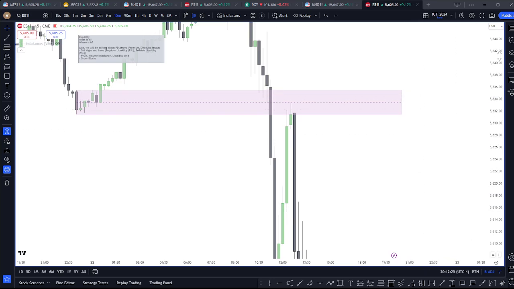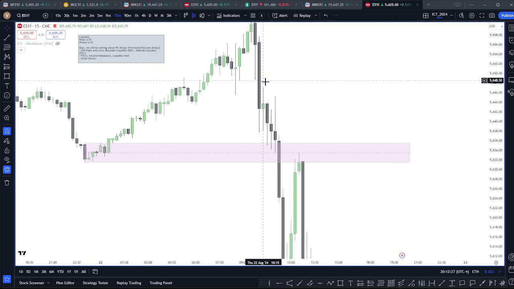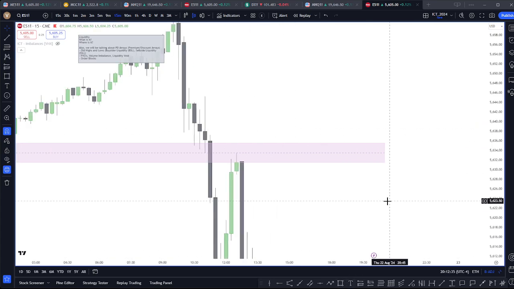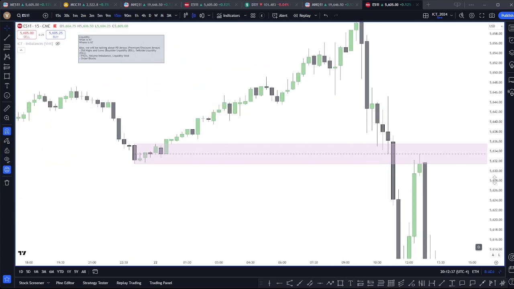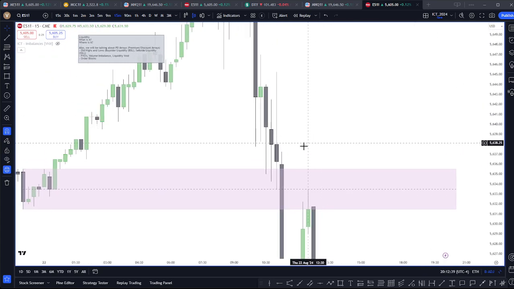Even though there's a fair value gap here, even though there are volume imbalances here, you can see the volume imbalance. There's a volume imbalance here also.